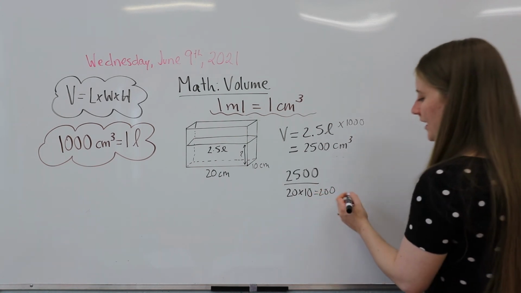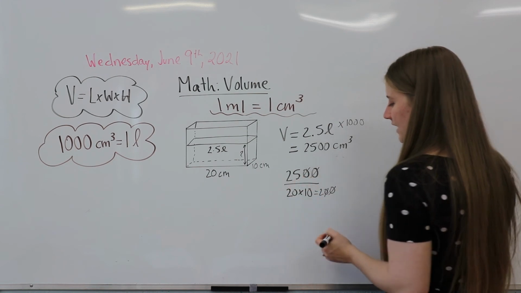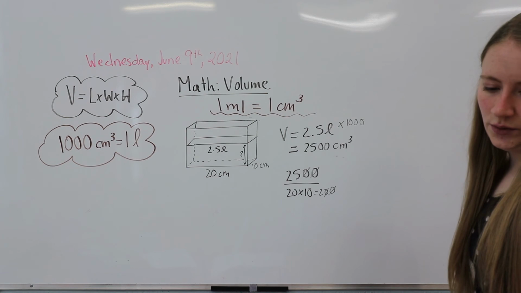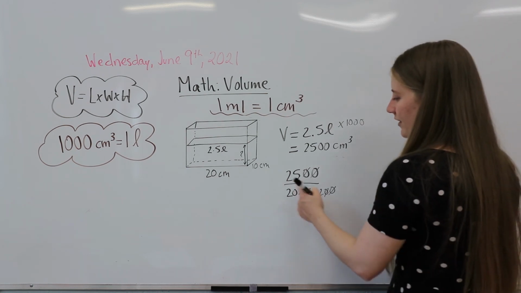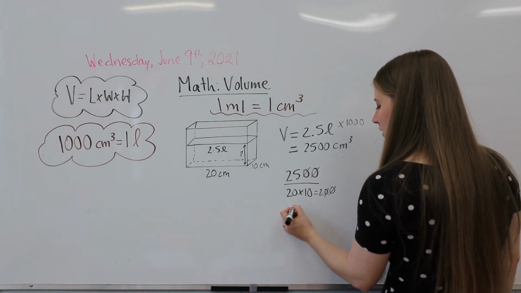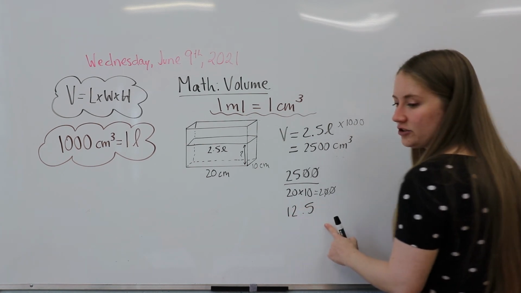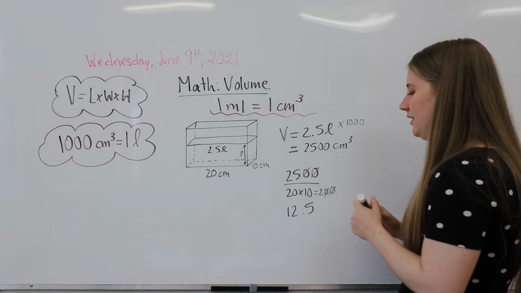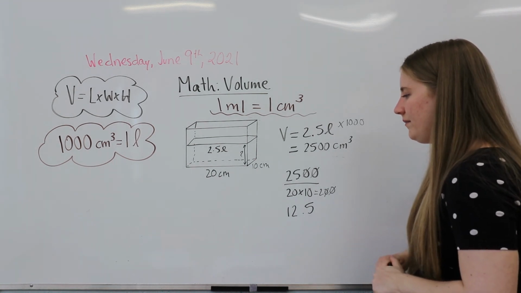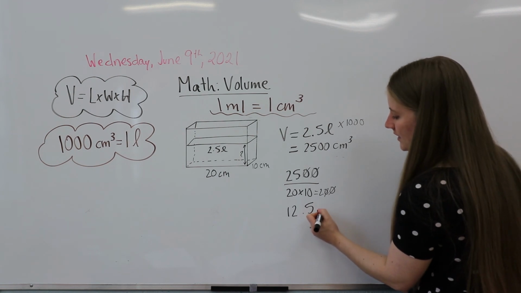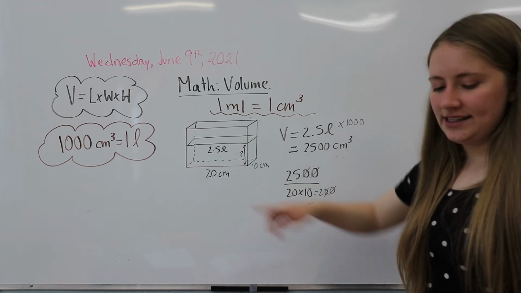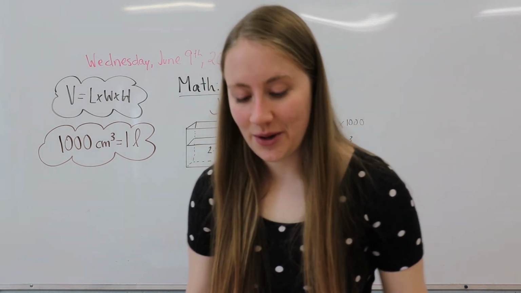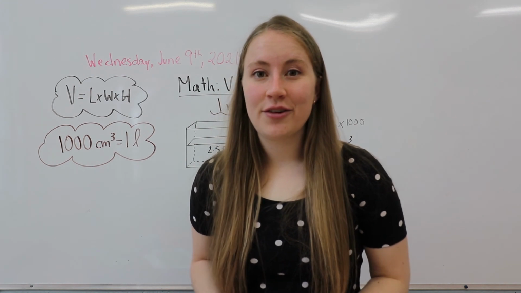Okay, and we'll cross off our zeros for ourselves again, and we have 25 divided by 2, okay? And 25 divided by 2 is 12.5. So make sure you are showing your answer in a decimal, because it would be 12 remainder 1. And then our units are centimeters again, okay? So the height is 12.5 centimeters, okay? And that is it for our lesson today.